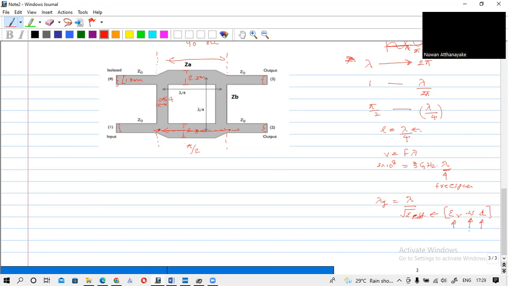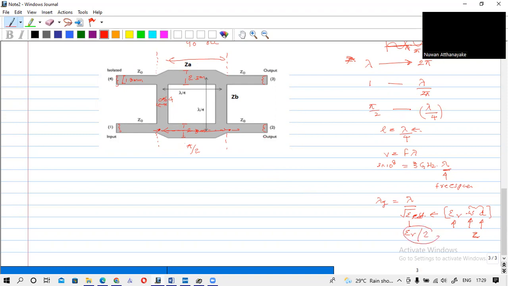These again depend on the characteristic impedance, so epsilon effective depends mainly on epsilon r and characteristic impedance.